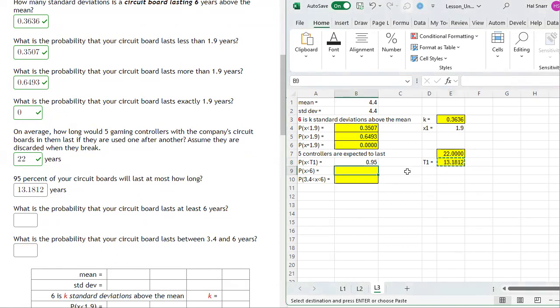So on this, we're going to calculate the probability that X is less than 6, right? So I'm going to copy this. I'm going to move this down to here, right? And I'm going to change this to 6. So if the number on the number line is 6, the probability of being less than 6 is 0.7443. But I want to know the probability greater than 6, right? So all I have to do here is 1 minus that value. Those two add up to 1.